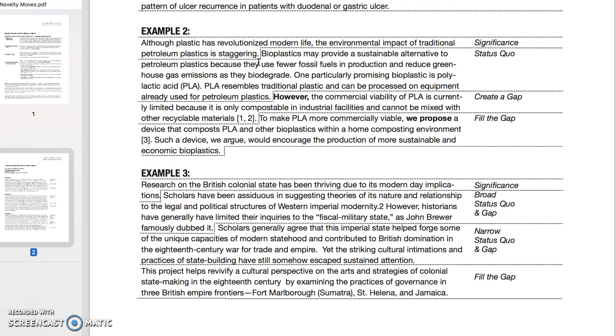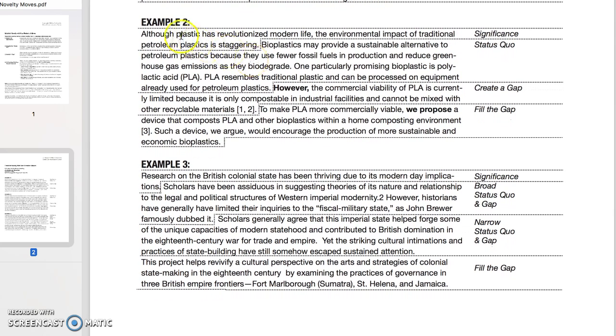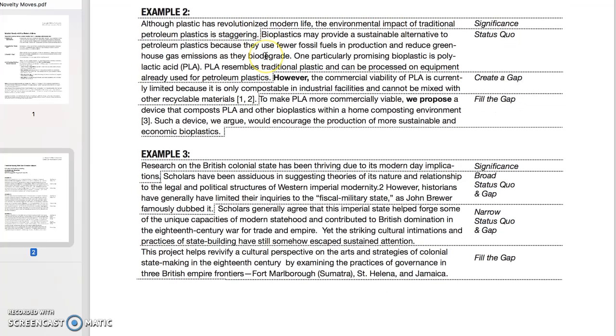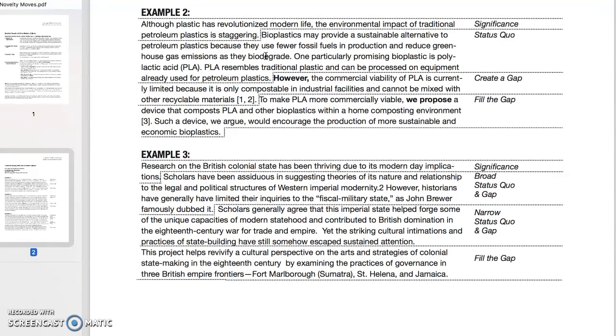So here they establish the significance by having this claim about plastic revolutionizing modern life that immediately impacts me as a reader. And they go on to note the impact of plastic on the environment and its staggering impact. So this is clearly implicating me as a reader and identifying that this is an important issue that has very large effects.